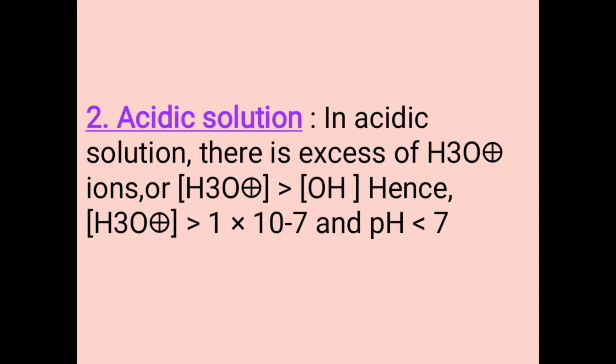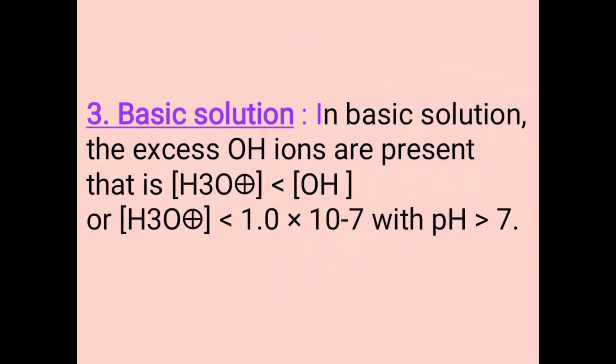So if pH is less than 7, then the solution is called an acidic solution. According to the definition of pH, if the concentration of H+ ion is greater than 1 × 10^-7, then pH is less than 7. So there is an inverse relation between the concentration of H+ ion and pH. The concentration of H+ ion is higher in an acidic solution and the pH value is less than 7.